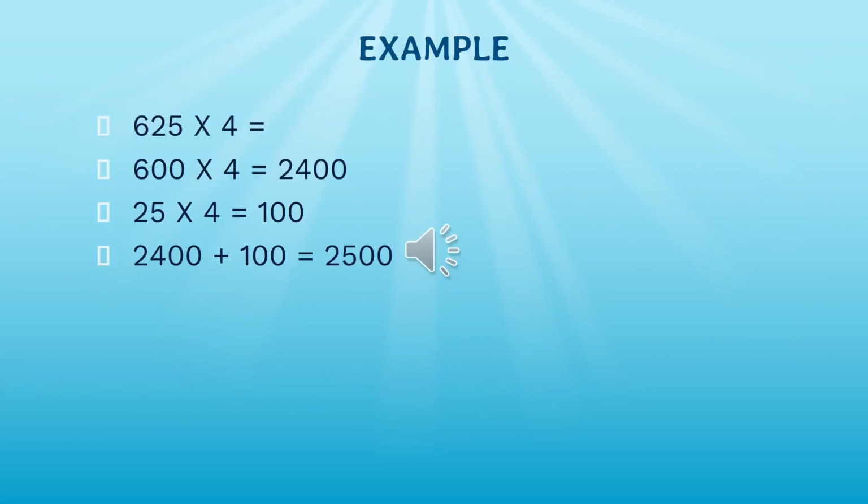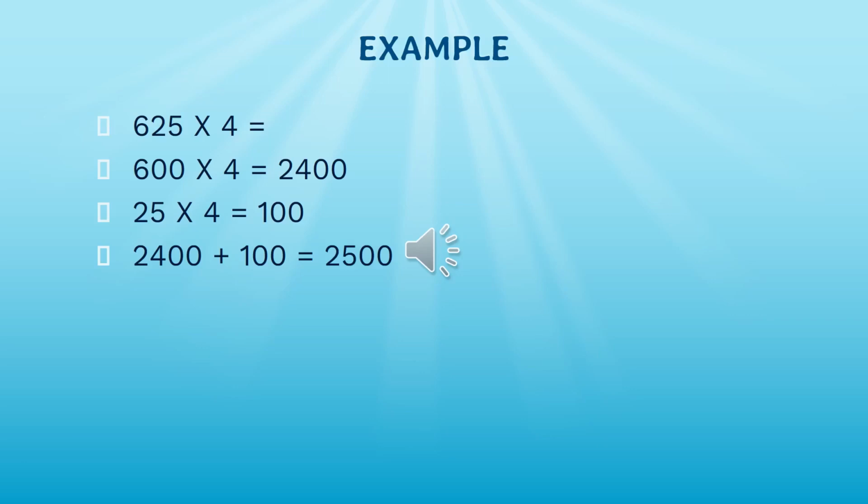Another example of a 3 by 1 multiplication with a special relationship of the factors is 625 times 4. Now breaking 625 into 600 and 25, take note here, I did not break 25 into 20 and 5. Why? Because 25 and 4 have a special relationship, and you will find out in the steps below.